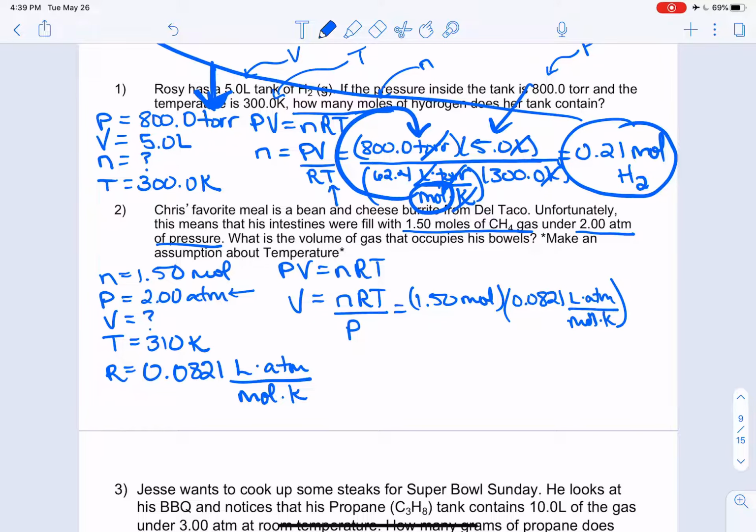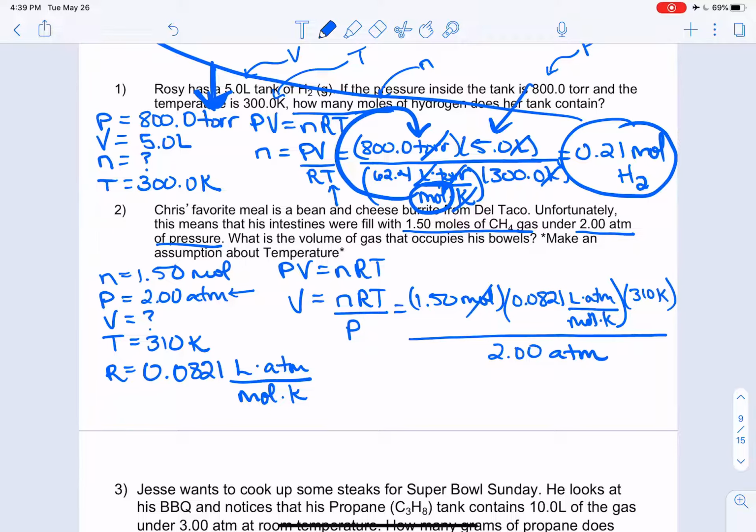And then we have temperature, and temperature is 310 Kelvin. And we're going to divide that by pressure, which is 2 atm.